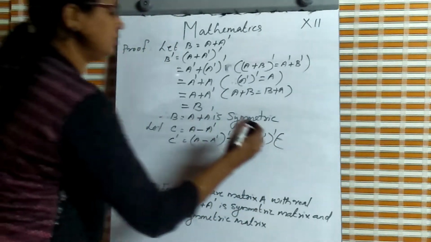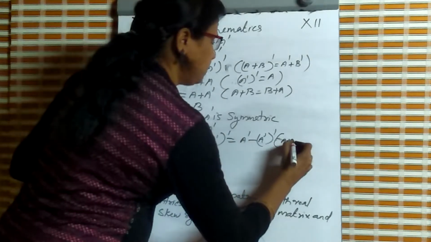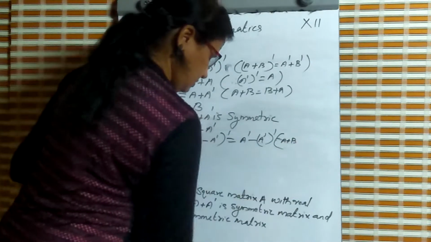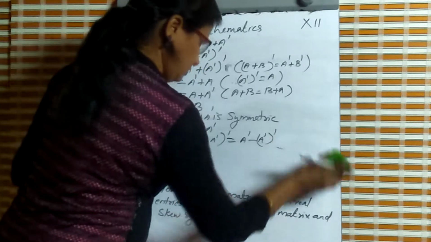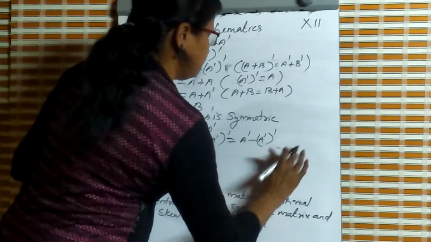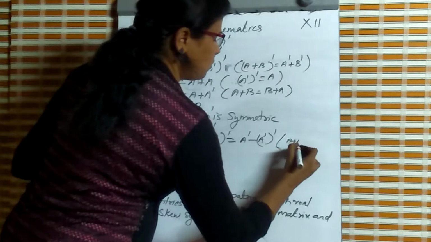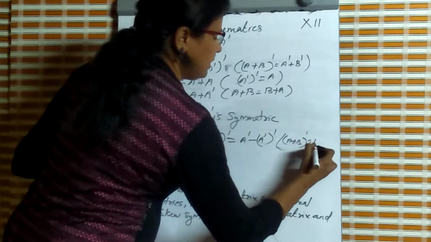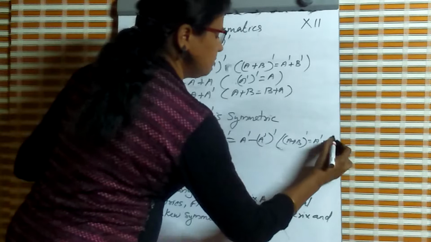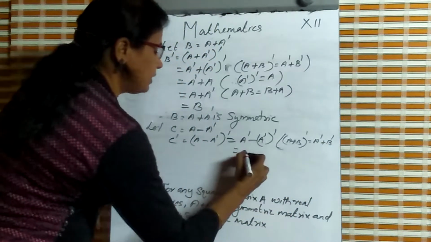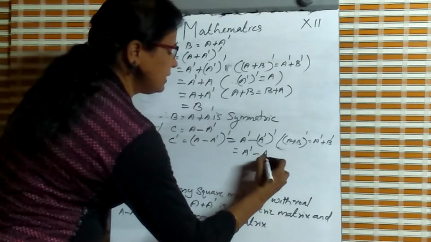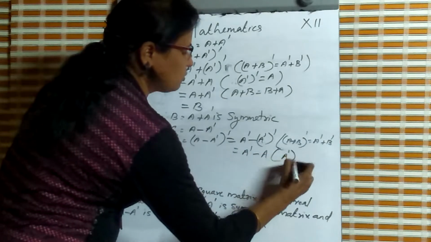Reason: use (A plus B) whole transpose is equal to A transpose plus B transpose, which equals A transpose minus A. What is (A transpose) whole transpose?